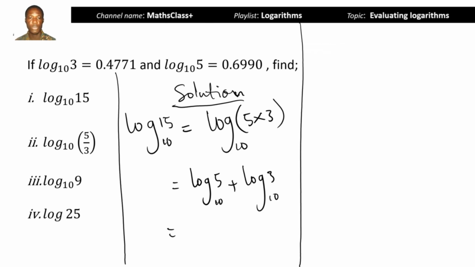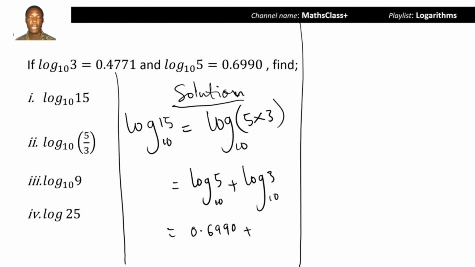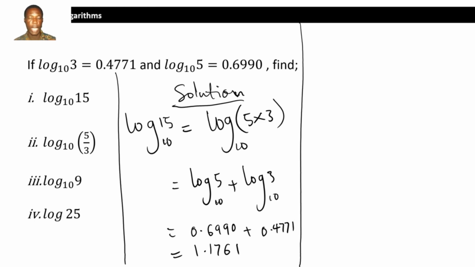So we substitute. So log 5 to the base 10 here gives us 0.6990. And then log 3 to the base 10 gives us 0.4771. And this gives us 1.1761 as our answer.